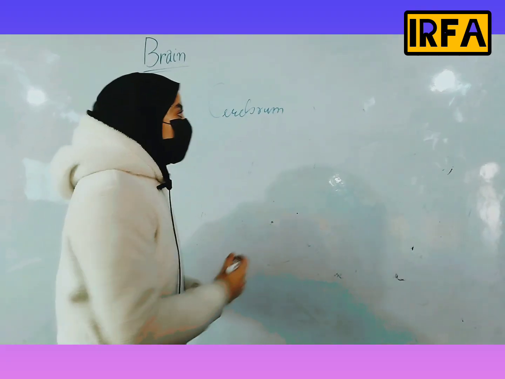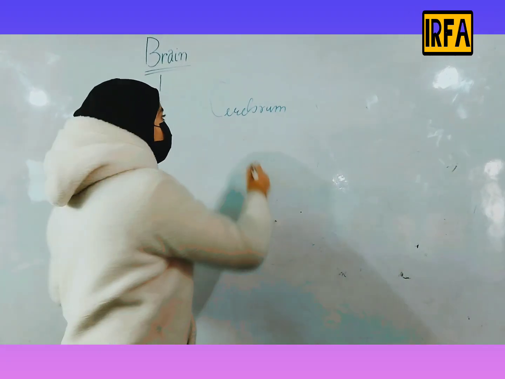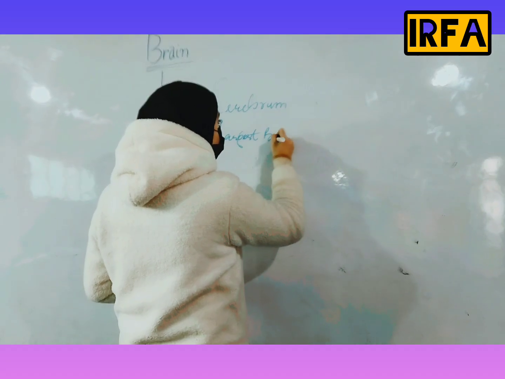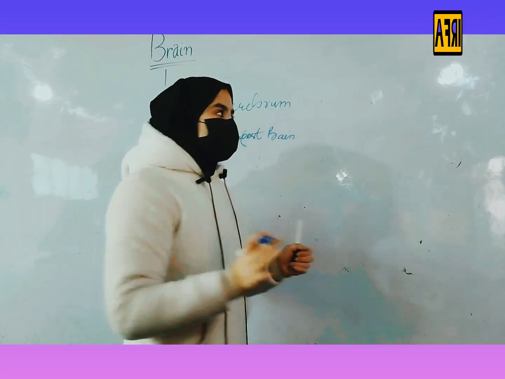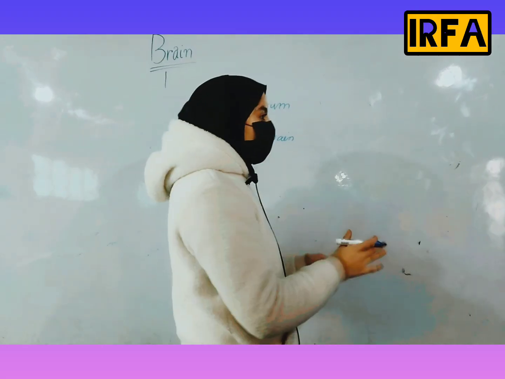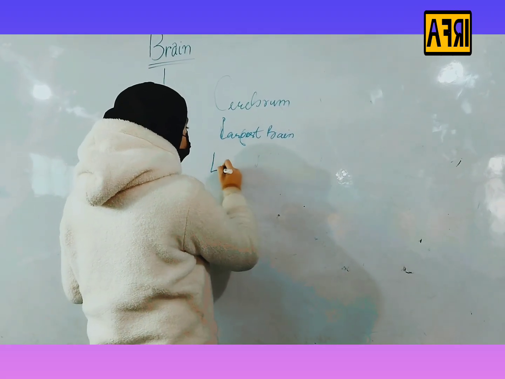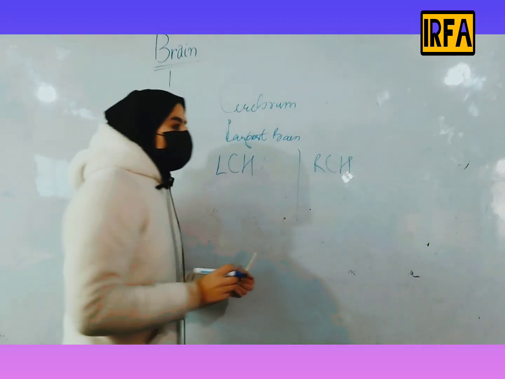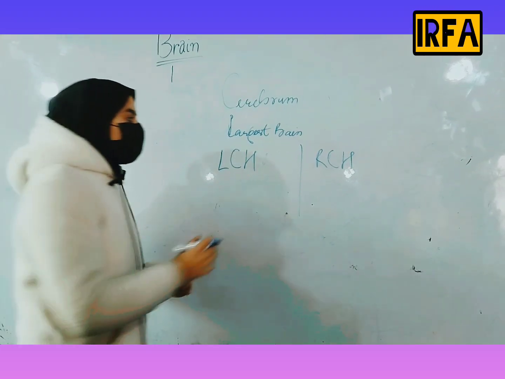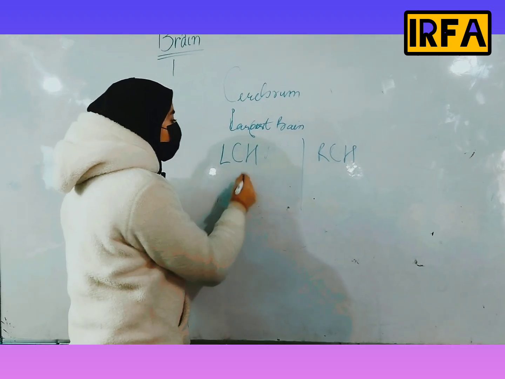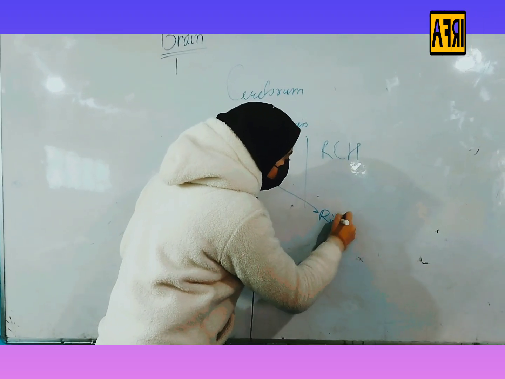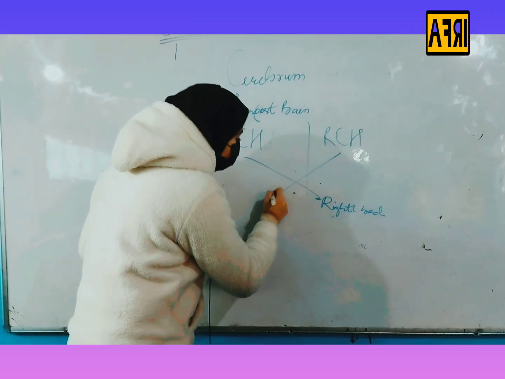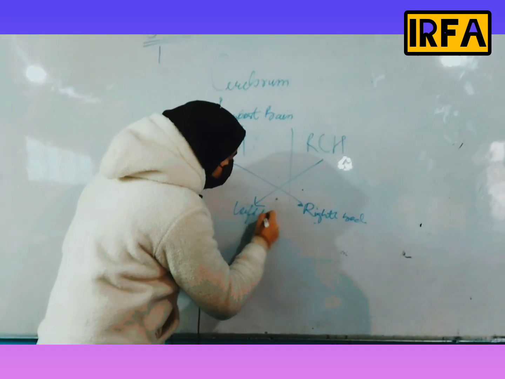That is fine. Now, cerebrum is the largest part of the brain. It comprises two things, the left cerebral hemisphere and the right cerebral hemisphere. The left cerebral hemisphere controls the right side of the body, and the right cerebral hemisphere controls the left side of the body.